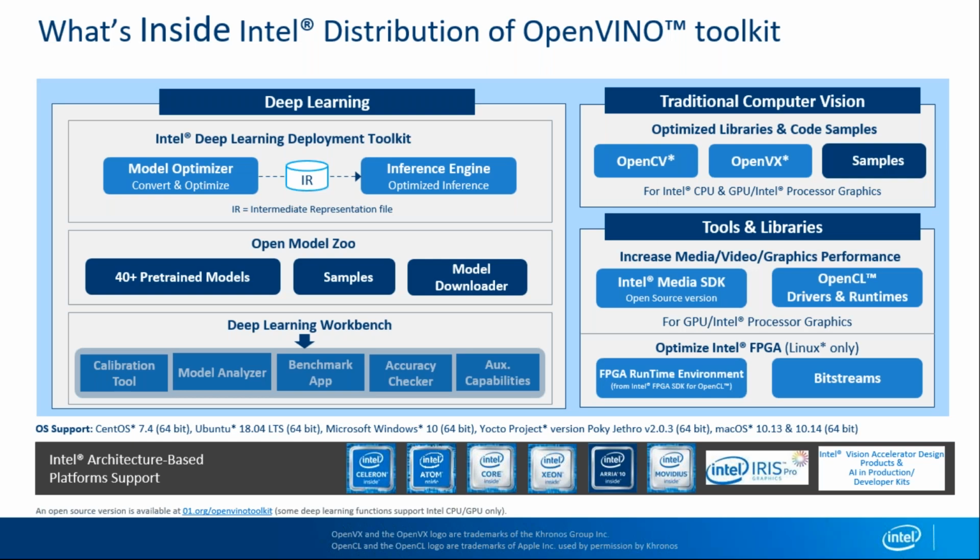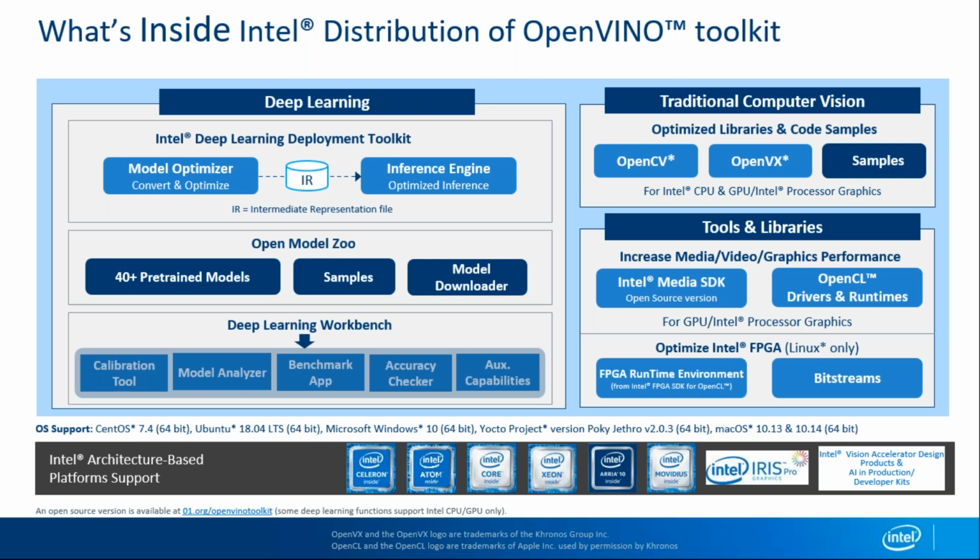The toolkit also comes with more than 40 pre-trained models for different use cases. You have models for object detection, image classification, image segmentation, face recognition, text detection, and so on. We have really many different pre-trained models. We have also samples for different use cases.